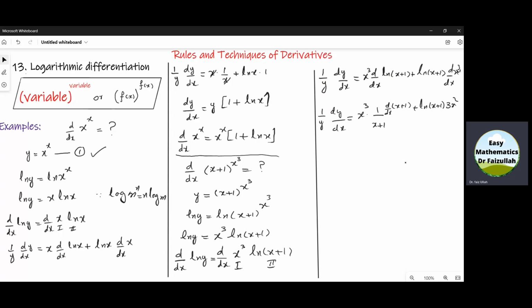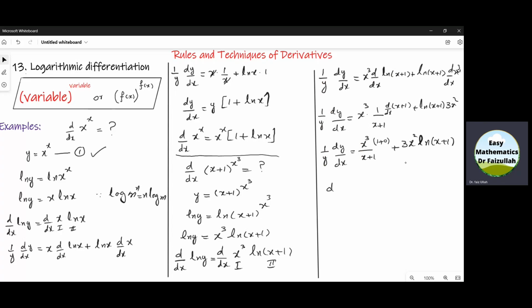So let us simplify it. We get 1 over y dy by dx is equal to x cube divided by (x + 1), because differentiation of x is 1 and differentiation of constant 1 is 0. And from here we get plus, let us write 3x square in the beginning, log of (x + 1).